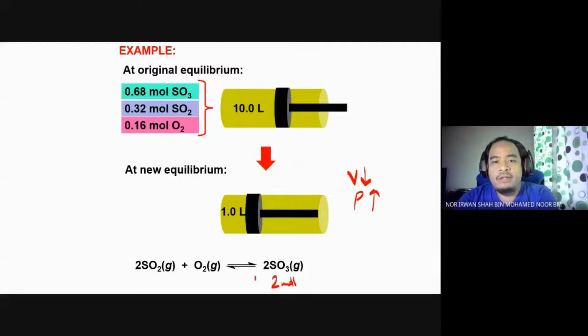But on the left side, 2 moles of sulfur dioxide and 1 mole of oxygen. If we total these up, on the left side there are 3 moles of gases. So in order to decrease the pressure, the system will shift to the side with fewer moles of gas, which in this case is the right.